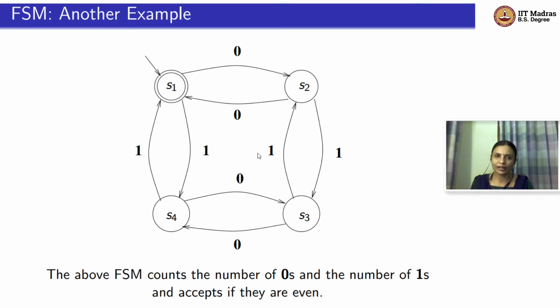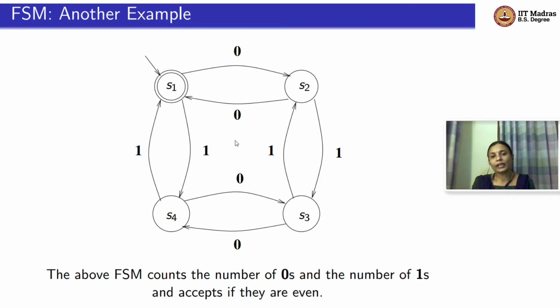Otherwise, it rejects it. When it accepts an input binary string, it will accept it by a path ending with the final state S1. If the run of the finite state machine on an input binary string ends in other states like S2, S3, or S4, then you say the finite state machine rejects the string. It will do so because the string will have had either an odd number of zeros or an odd number of ones.